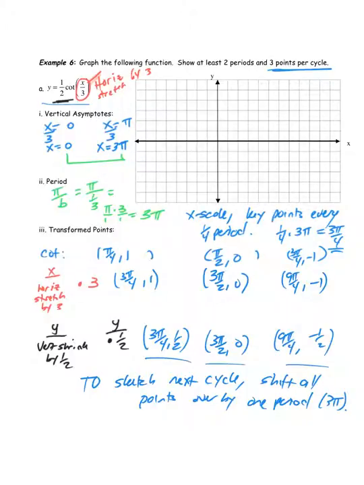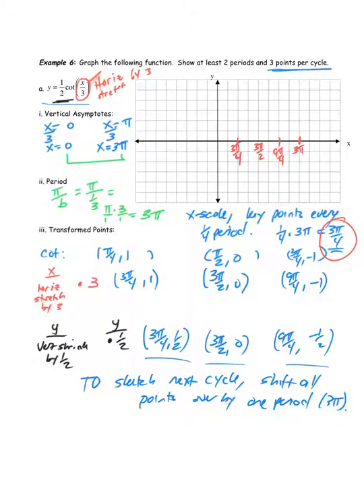Okay, so let's go ahead and sketch this graph. We have all the analysis done. I'm going to set my x scale based on this interval of 3 pi over 4. So I'm going to let two lines here be 3 pi over 4. So 3 pi over 4, two lines over more would be 6 pi over 4, but I'm going to simplify that to 3 pi over 2. 3 pi over 4 more, so 6 pi over 4 is going to give me 9 pi over 4. 3 more pi over 4 is going to give me 12 pi over 4, but I'm going to write that as 3 pi.